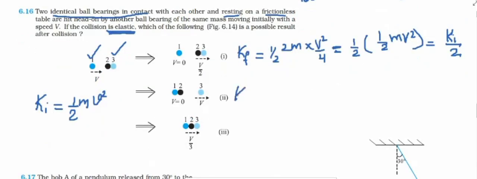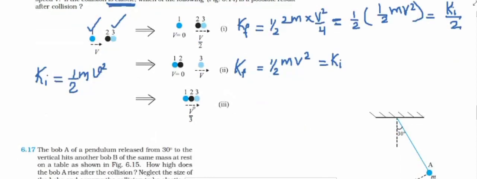Here, final kinetic energy Kf is equal to, only one ball is in motion. Its mass is m, velocity is v, half m v square, which is equal to initial kinetic energy. And here, three balls are in motion.